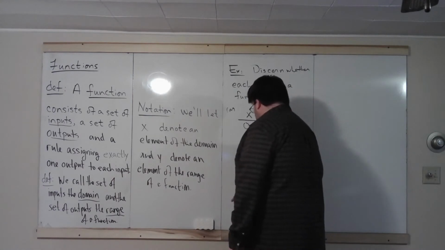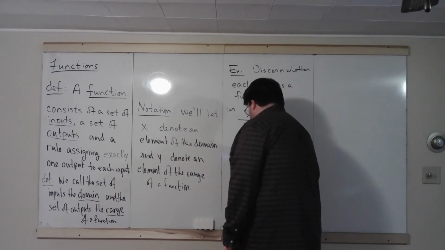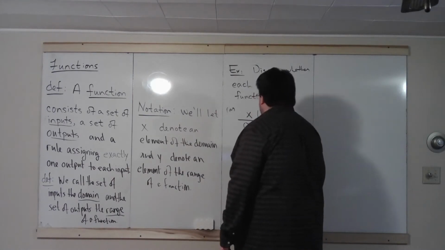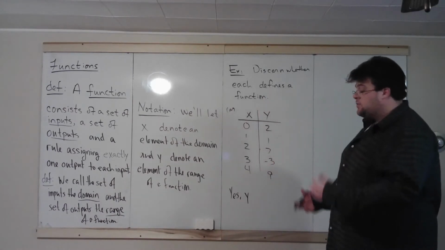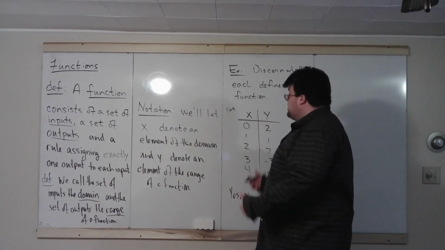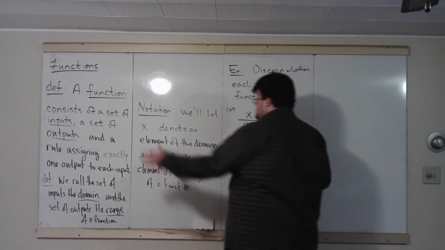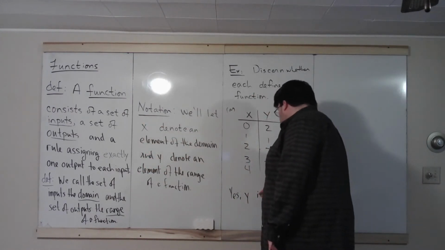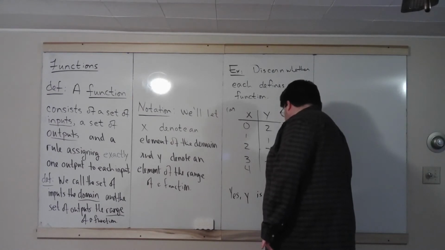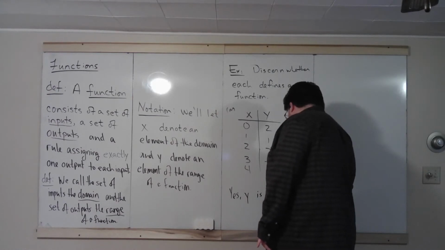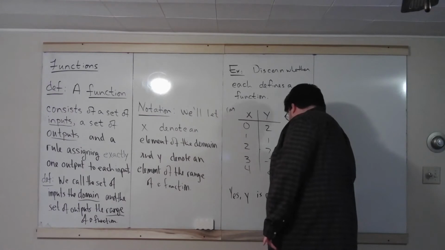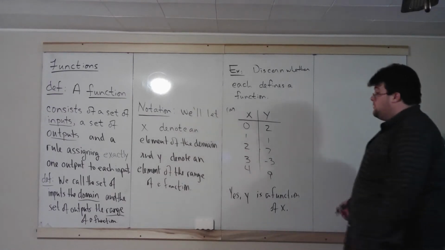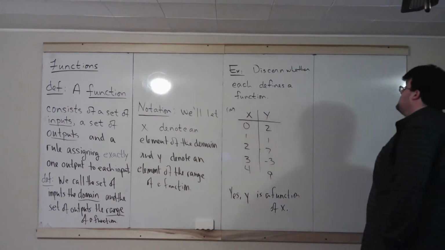So I'll say yes. And also to establish some language we'll use, instead of saying yes, this does define a function, let's say that more in terms of our notation. Yes, y is a function of x. Language we will be using throughout the semester.